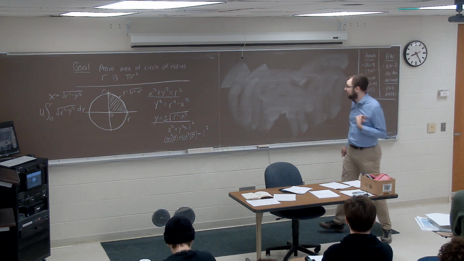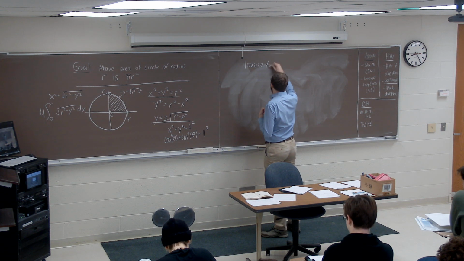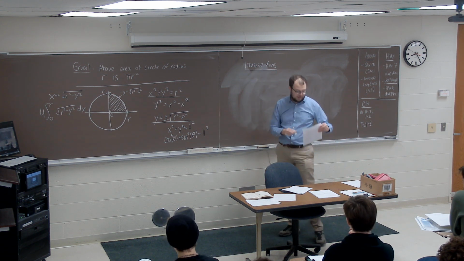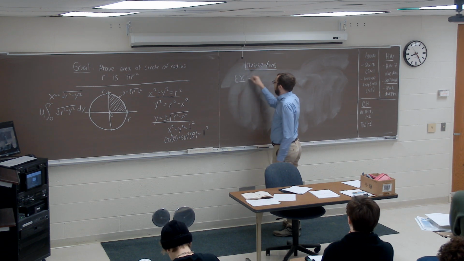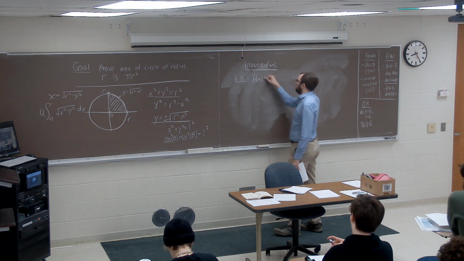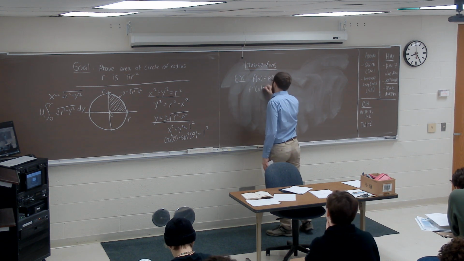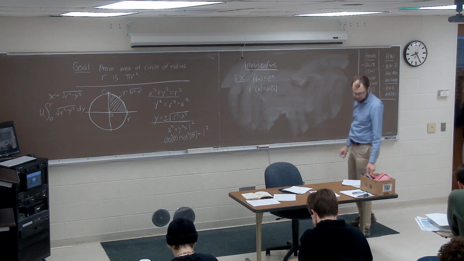So just to do a little bit of review, our idea behind inverse functions is if we had a function like f of x equals e to the x, we could say that the inverse of x equals natural log of x.